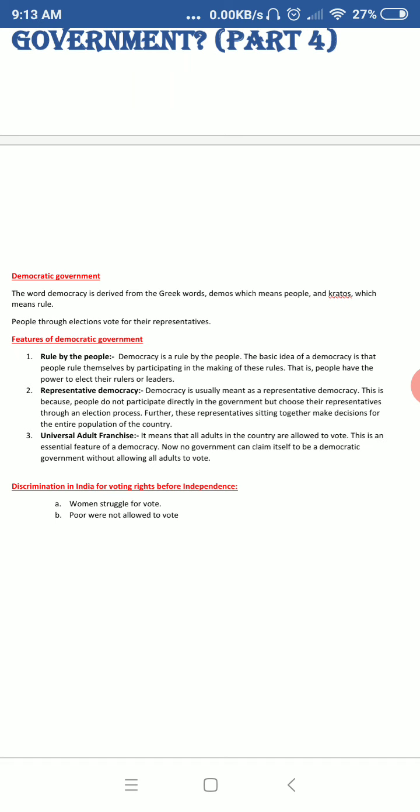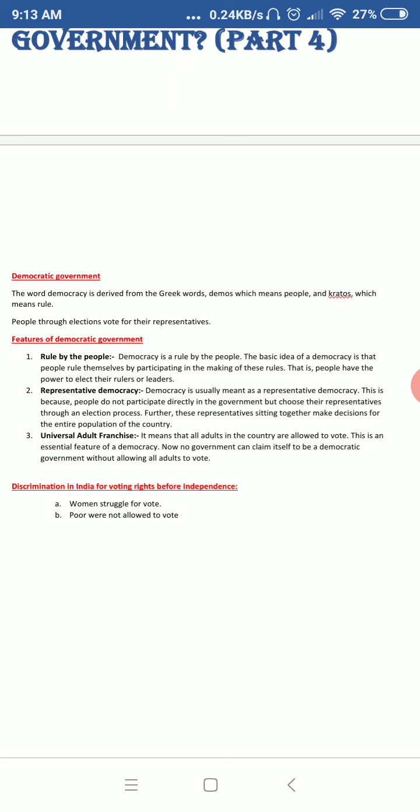So children, now the next one is discrimination amongst people before independence. So first one is women's struggle for vote. Children, women strengthened their power for voting after the First World War, and the movement was called the women's suffrage movement.